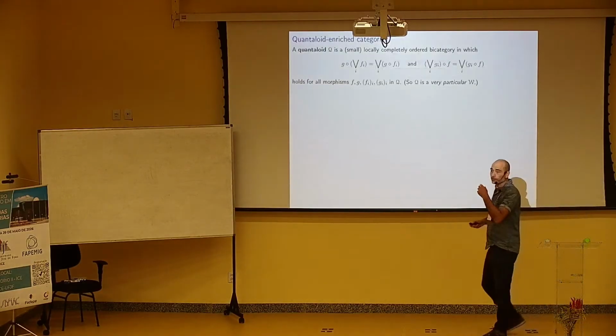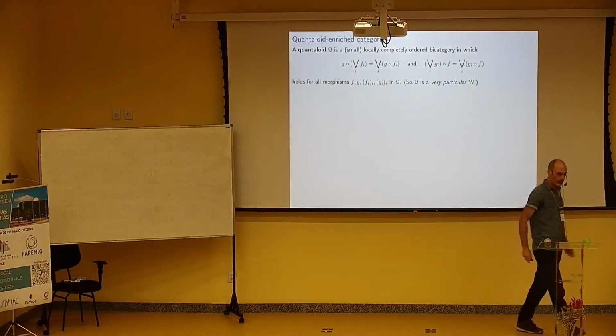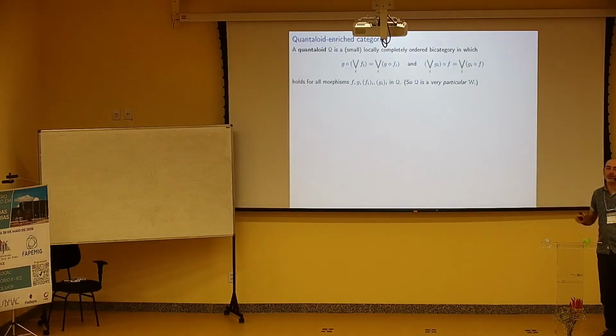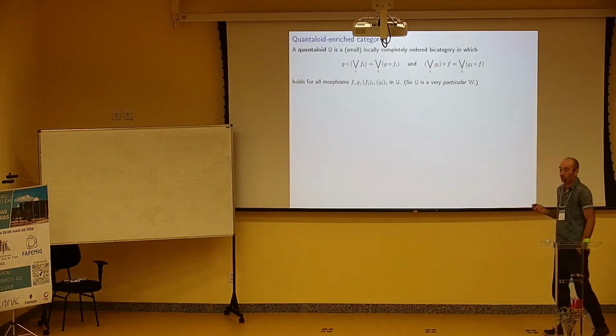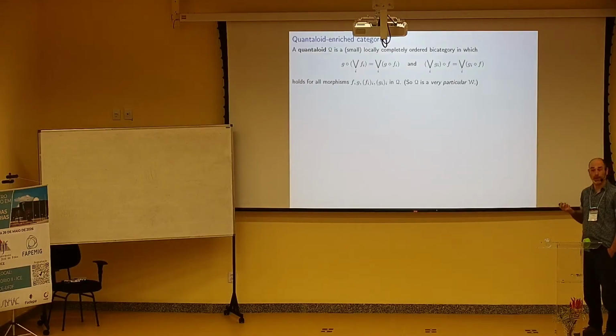Instead of a quantale, which is a monoidal category, I now want to talk about quantaloids, which are bicategories. Think group, groupoid, algebra, algebroid, quantale, quantaloid. So concretely, what this means is that instead of having a monoid, I'm going to have a category, instead of having order on the monoid, I'm going to have local order in the category, and I'm going to replace the quantale condition by this.